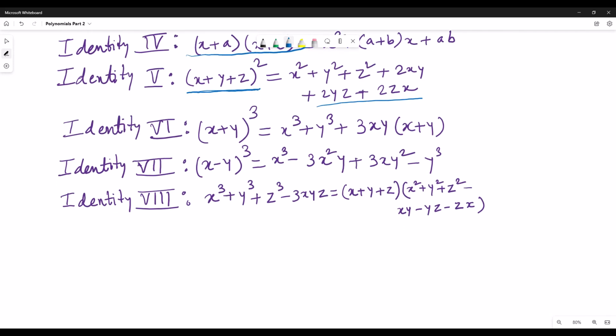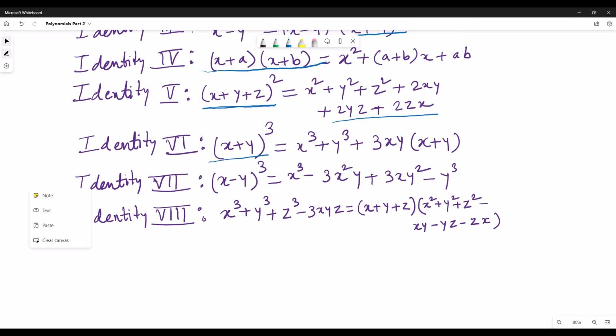(x plus y) whole cube. First you have to find out (x plus y) whole square, then you multiply (x plus y) with that. So you get x cube plus y cube plus 3xy square plus 3x square y. Like that, (x minus y) whole cube is x cube minus 3x square y plus 3xy square minus y cube.